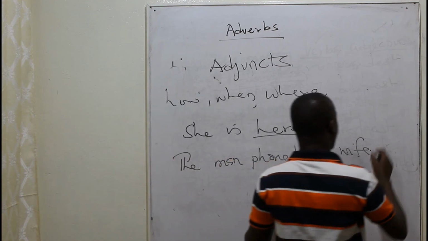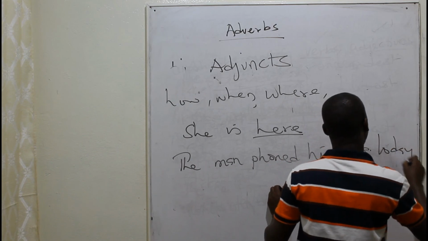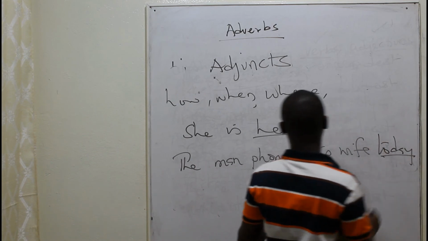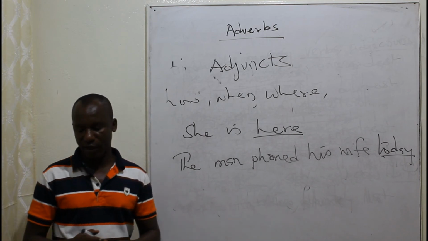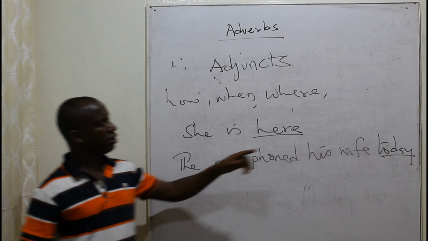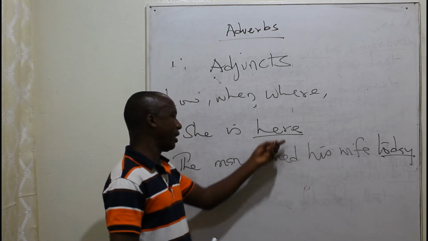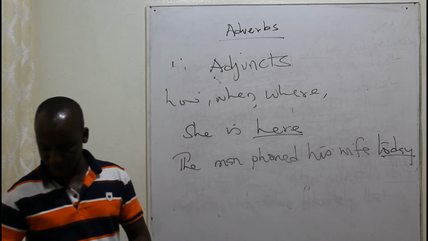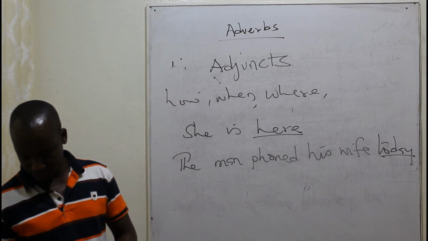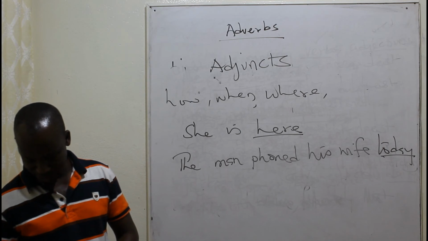The man phoned his wife today. And today, we are talking of a function. What is it? Today is talking of what? Time. And here is talking of what? A place. So let us take note of that.